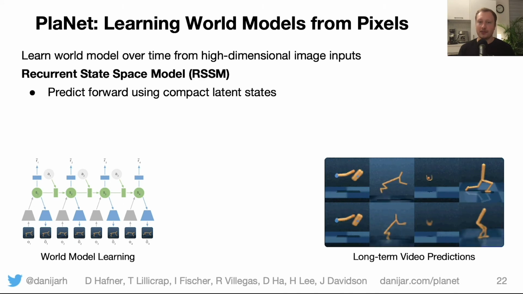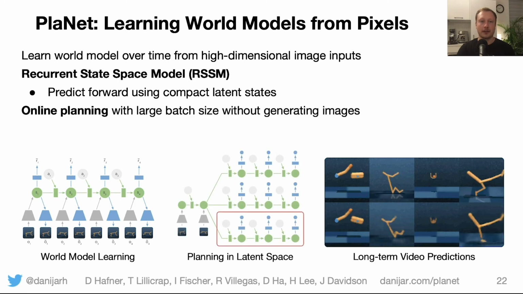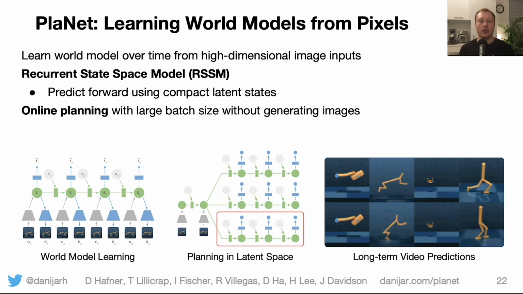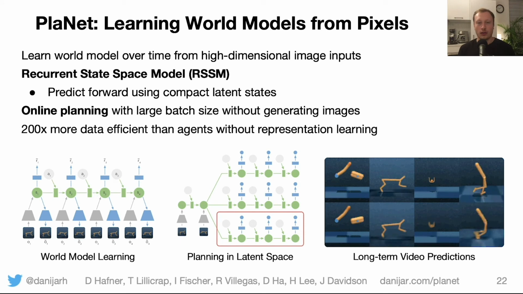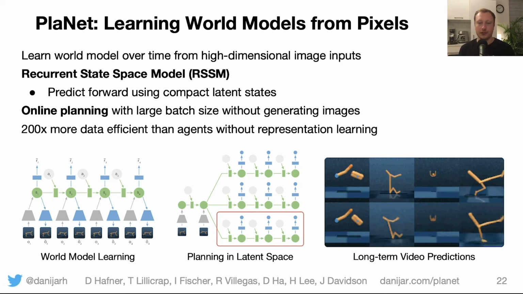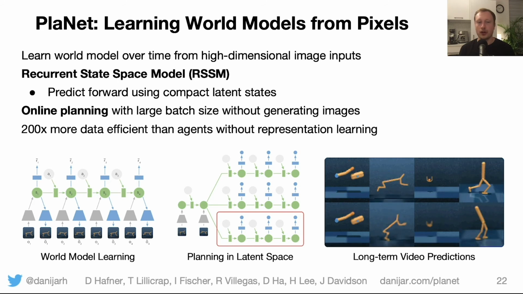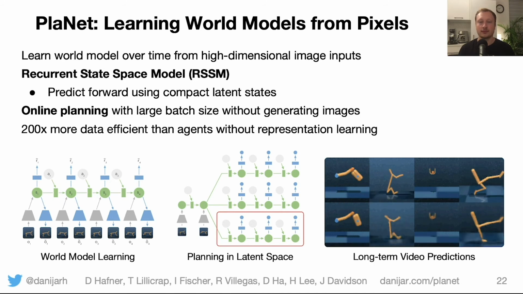This enables accurate video predictions and also enables thousands of parallel predictions during planning, enabling online planning with a large batch size without having to generate images. Across several continuous control tasks from pixel inputs, Planet resulted in a 200 times increased data efficiency compared to reinforcement learning agents without representation learning.